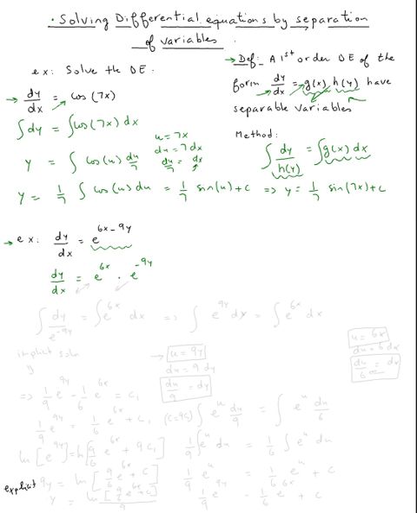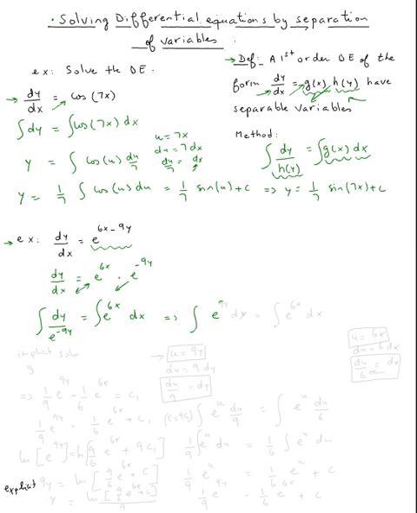Now we're trying to put all the x's on one side. Again, you can always move things diagonally, so dx can go diagonally to the right side. So dy is equal to e to the 6x dx, and then e to the negative 9y can go diagonally to the left side. So this will be e to the negative 9y, and then we can integrate both sides.